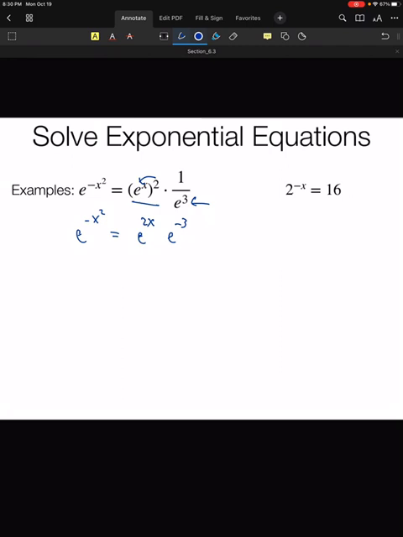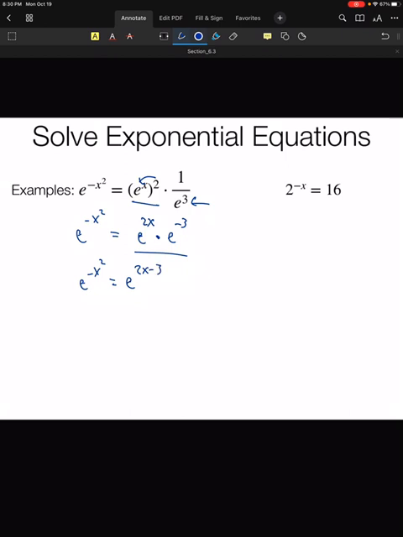Okay? So now I've got e raised to the negative x squared equals e to the 2x times e to the negative third. I can then use another law of exponents right here and get e to the 2x minus 3.